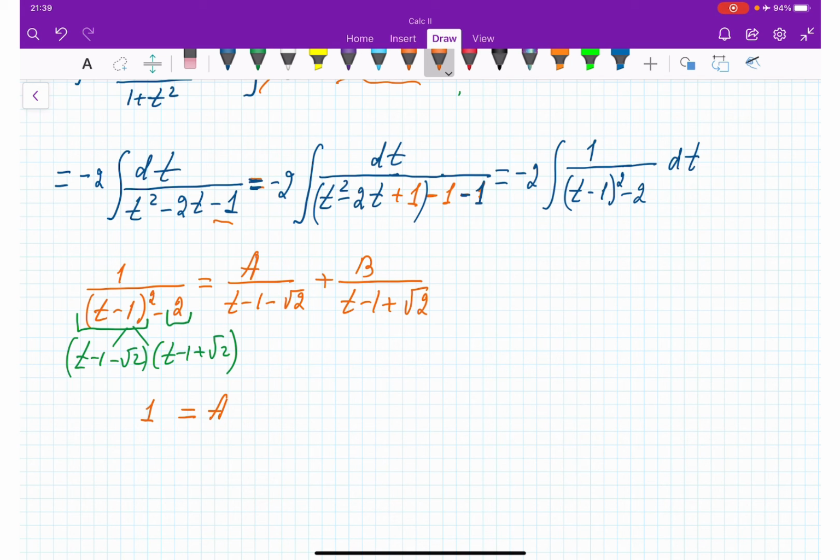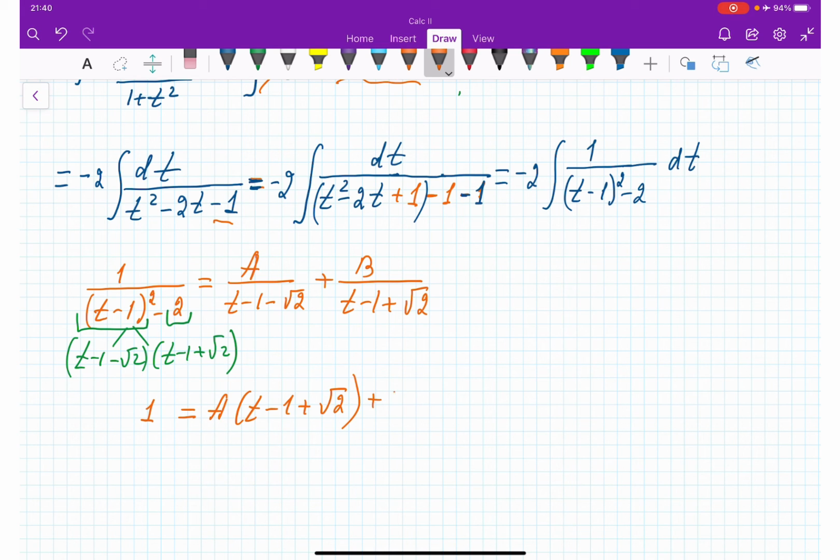So it's going to be a times t minus 1 plus square root of 2.